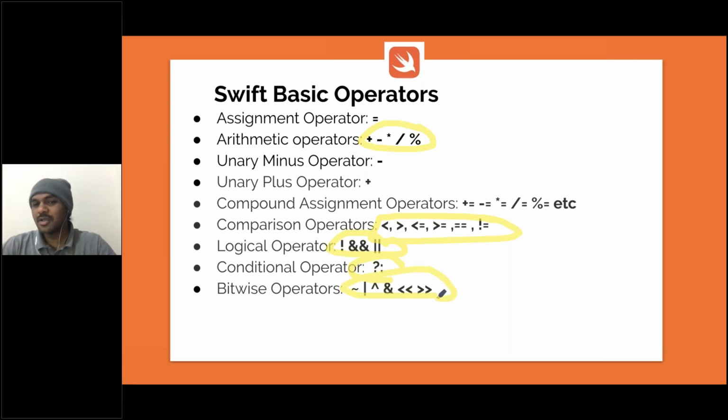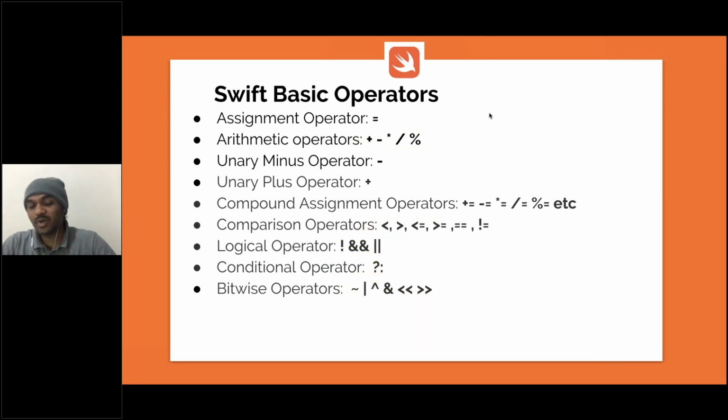Bitwise operators, I can't see any real use, but if you are doing something low level, memory related or system level programming, maybe bitwise operators can be used. But in my real time work on iOS applications, I have never seen bitwise operators used. So these are the fundamental operators, all compatible in Swift, and they come from the C language, not from Swift's own.